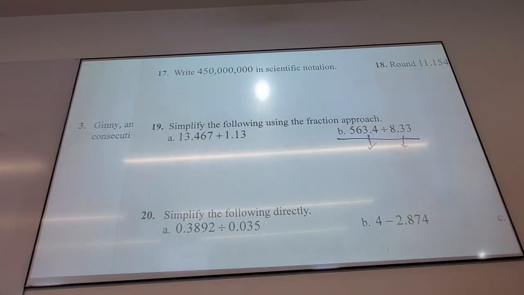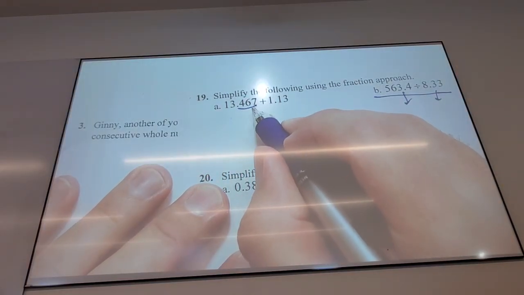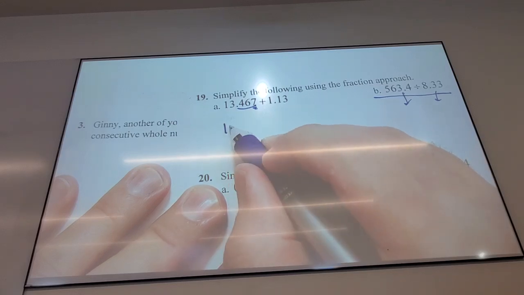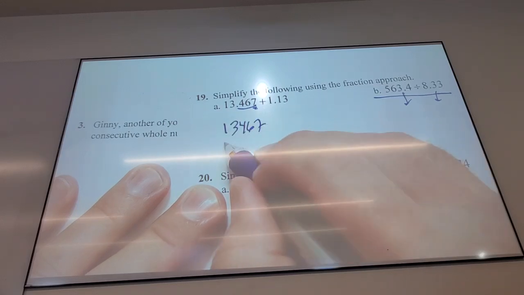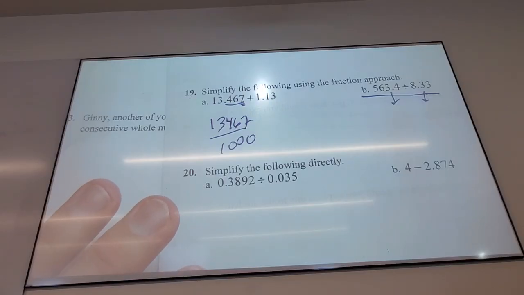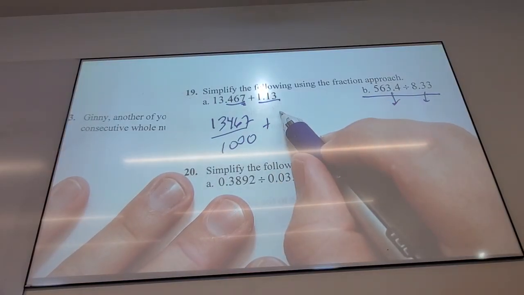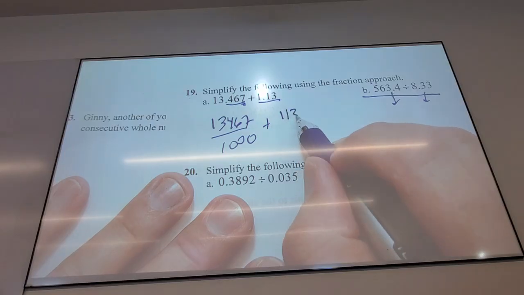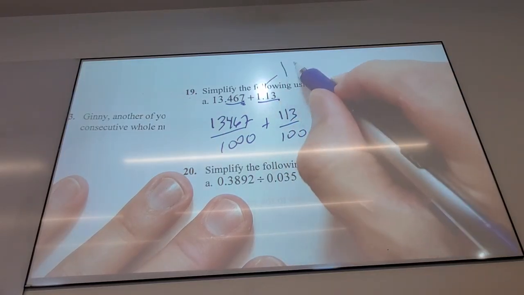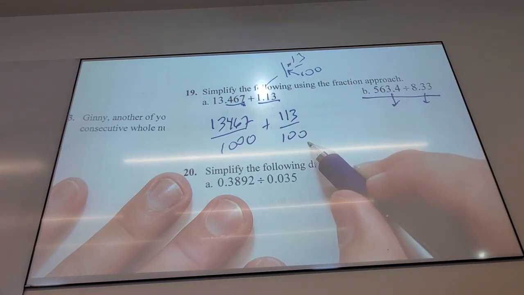19A, how do you write those as fractions? Don't look at the key. What place is this in? Thousands. So I can literally write 13,467 thousandths. By the way, 1 and 13 hundredths, isn't that 100 plus 13, so 113 hundredths?